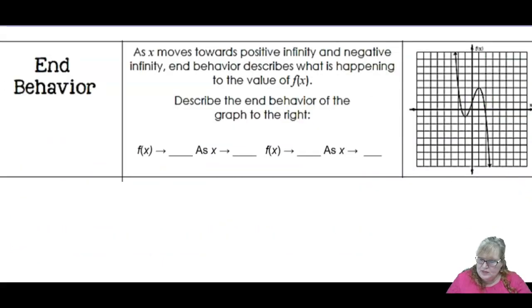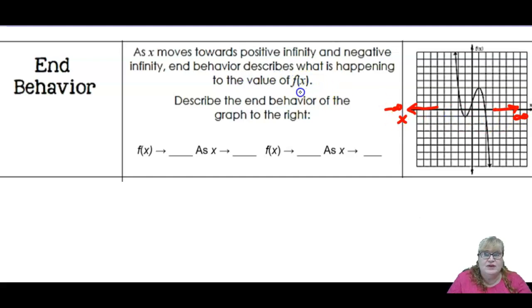All right. So as x moves towards positive infinity, that means left, and negative infinity, whoa, I just said that backwards. Scratch that, guys. As x moves towards positive infinity, that would be right, and negative infinity would be left. This is x, negative infinity over here, positive infinity over here.